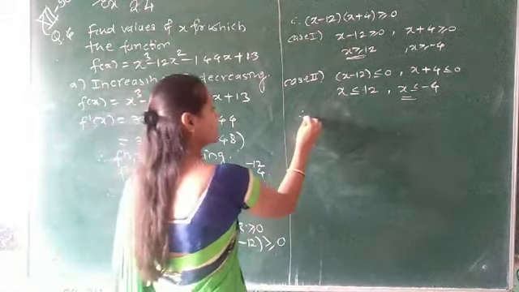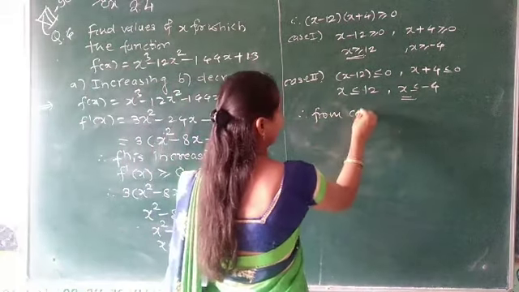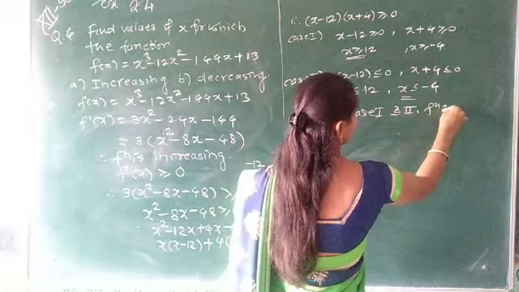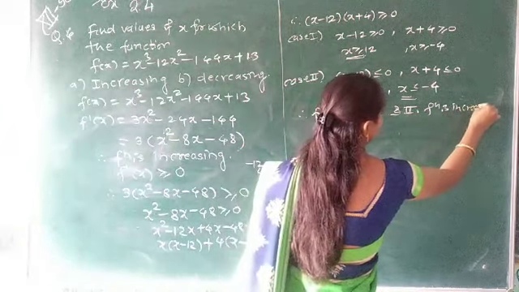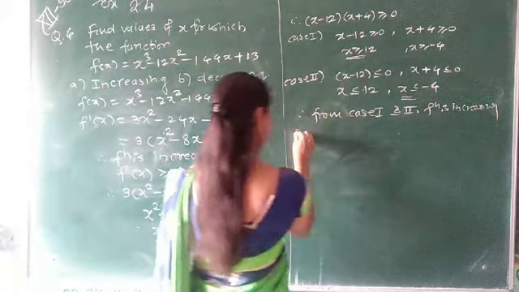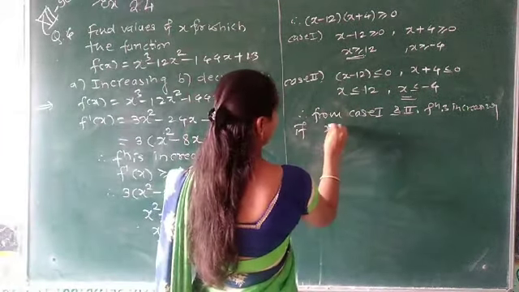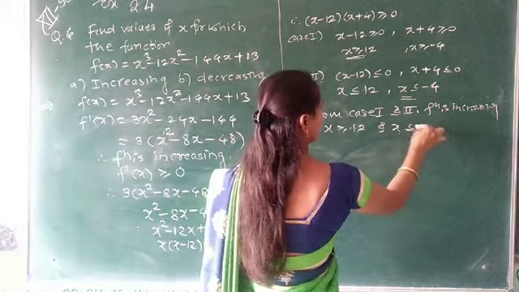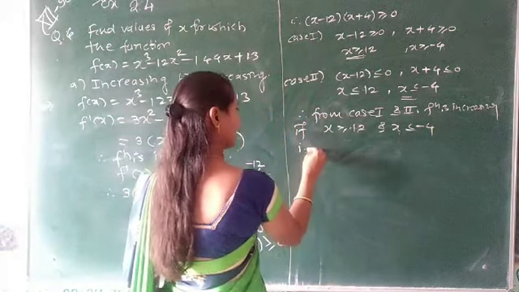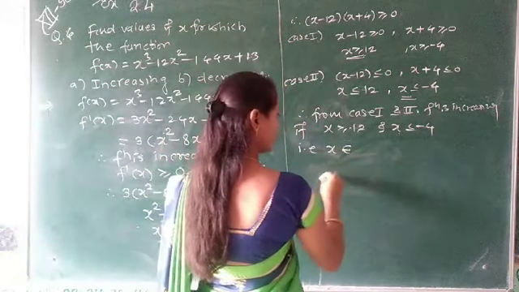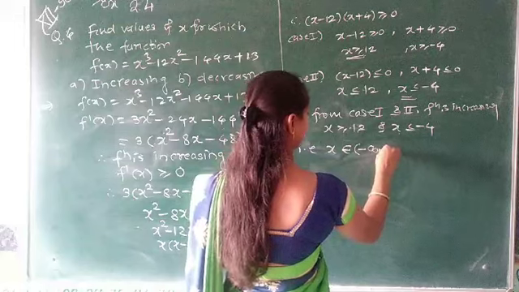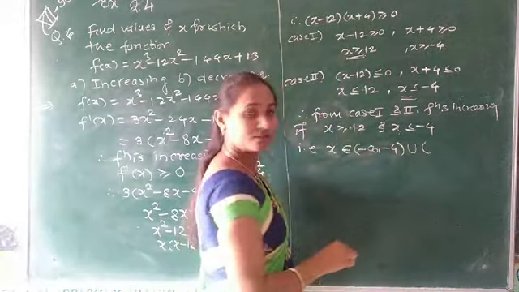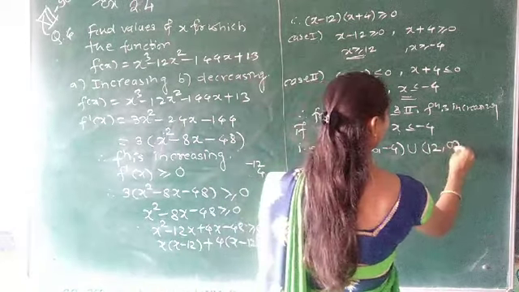So from case first and second, the function is increasing only, not strictly increasing, if x greater than or equal to 12 or x less than or equal to minus 4, that is x belongs to minus infinity comma minus 4 union 12 comma infinity.